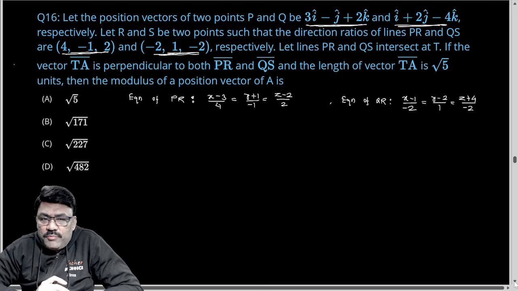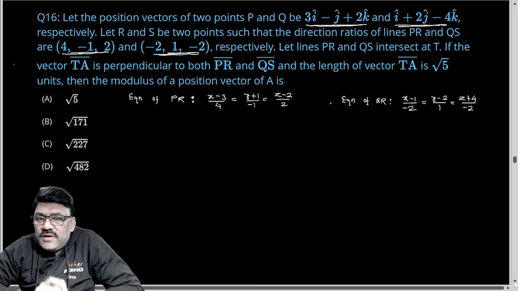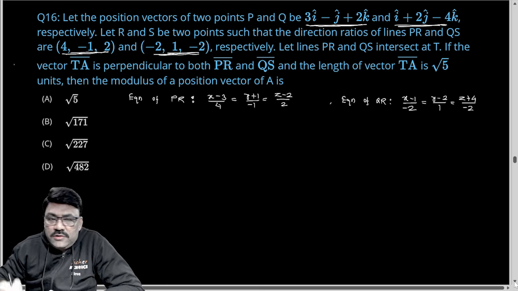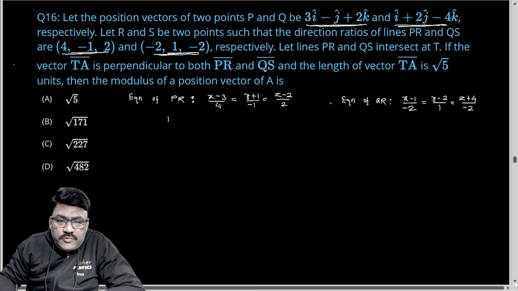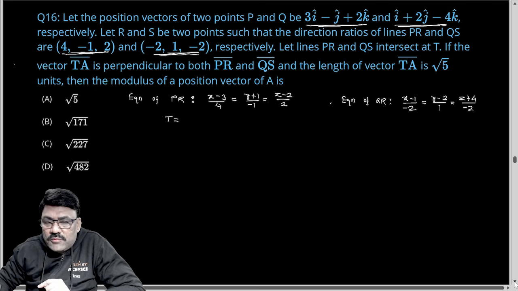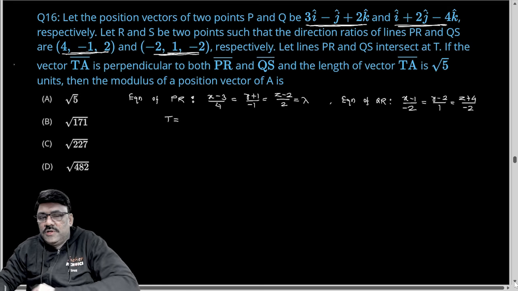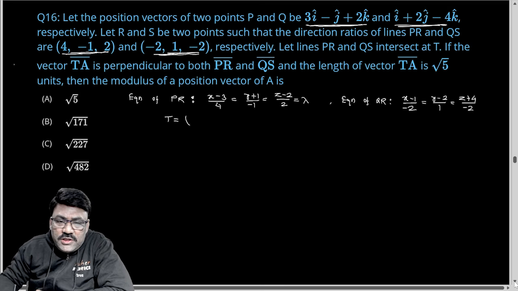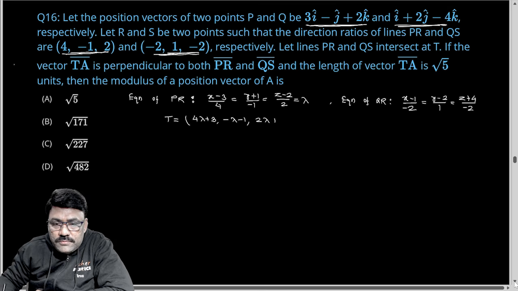Now these two lines, PR and QS, intersect at T. So let's find the intersection point T. T is the intersection of these two lines. Let me take the point in general form. Let's suppose the parameter is lambda. So in general form, I can take T as (4 lambda plus 3, minus lambda minus 1, 2 lambda plus 2).